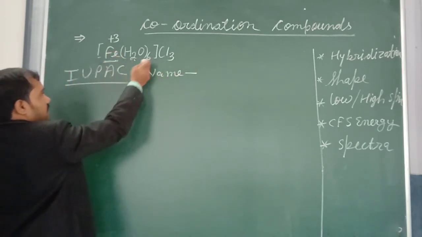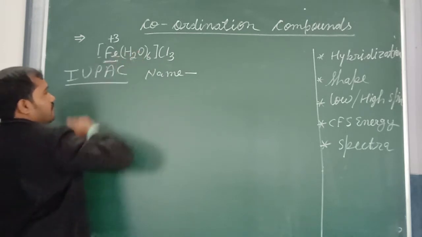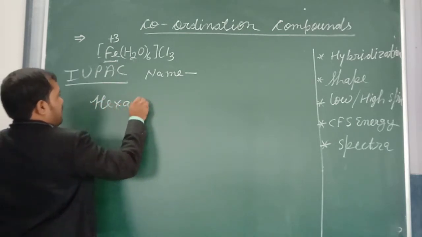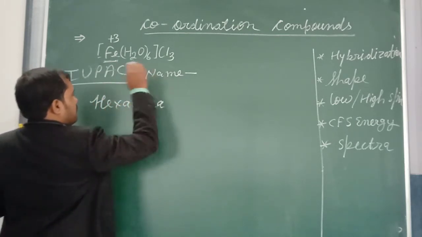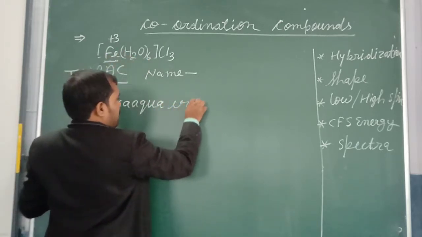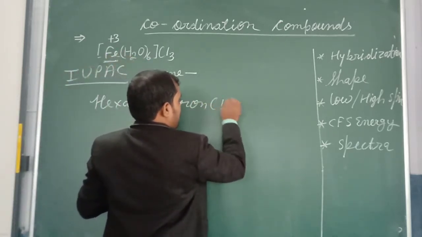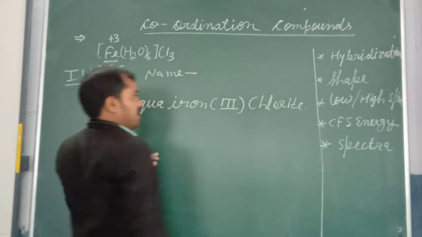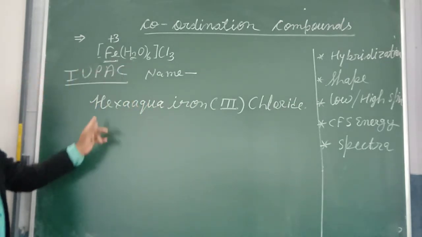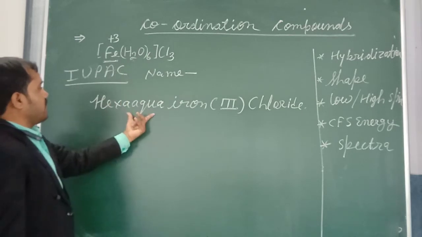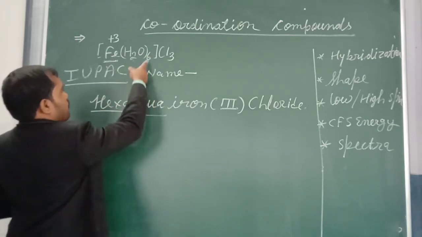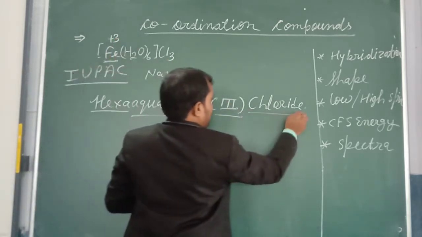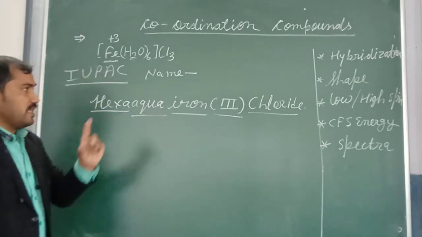Here this is water and this is chlorine, so hexaaquairon(III) chloride. Hexa means 6, aqua means water. Here iron has oxidation state 3, and this is chloride. Understood, my dear? So this is the IUPAC name of this coordination complex.